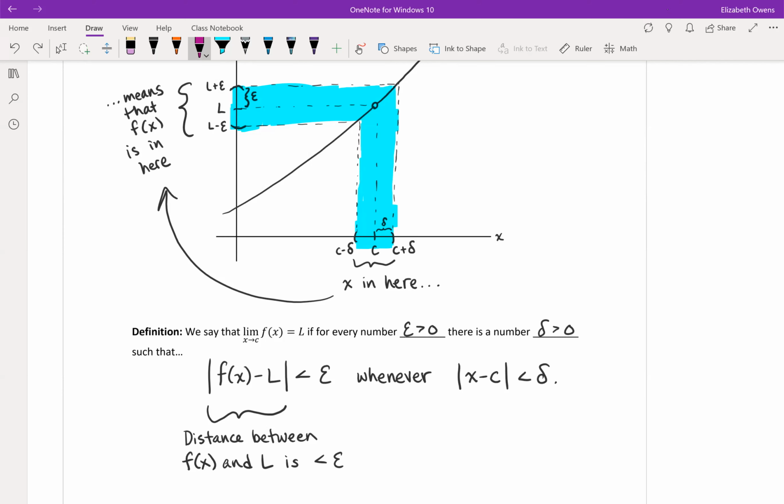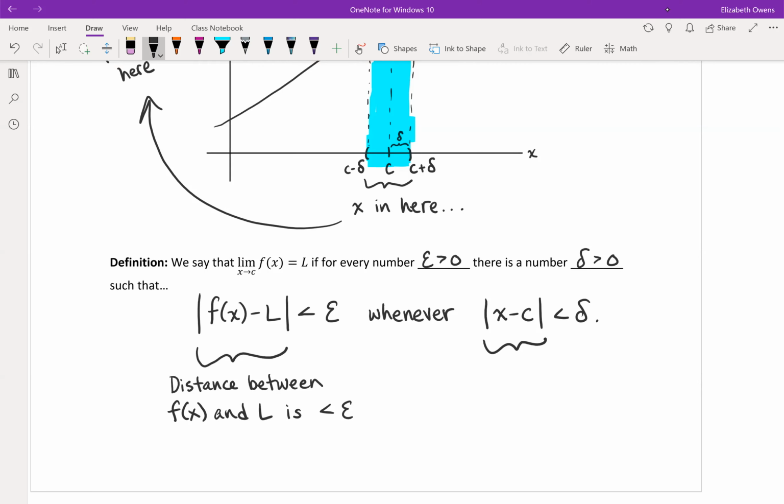And then our other part of the definition, whenever the absolute value of x minus c is less than delta, that absolute value is just expressing the distance between x and c. The distance between x and c is less than delta.